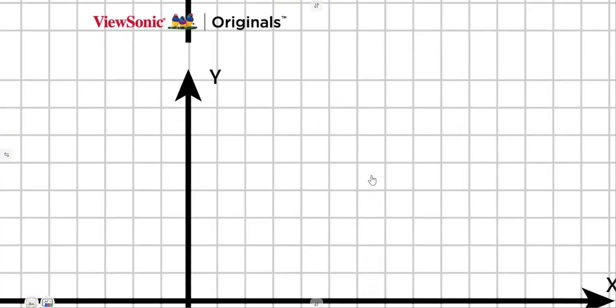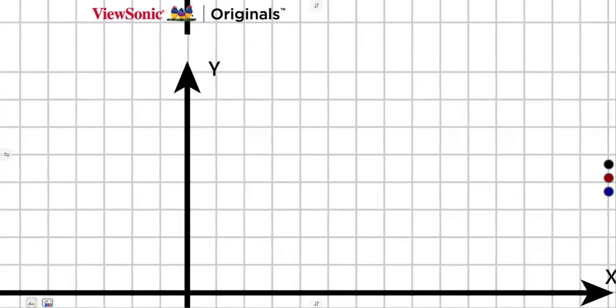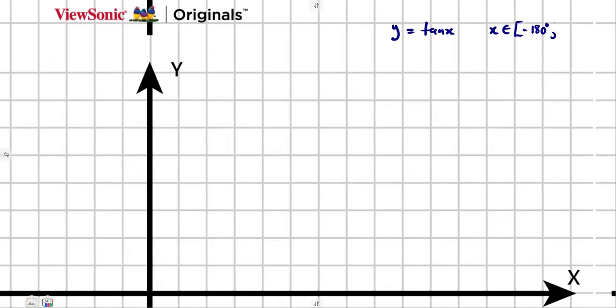So for us to understand this properly, let us just have y is equal to the tan of x. Using an interval, let us just take from minus 180 degrees up to 360, so that you can try to understand much better about the values of x.